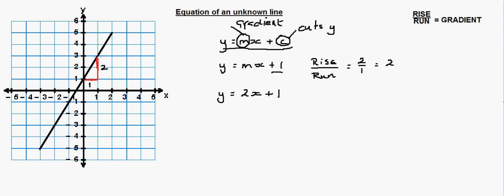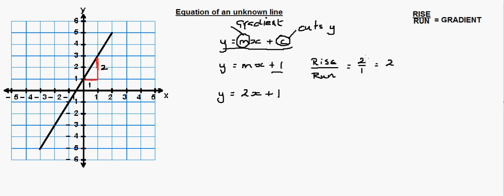This is the line that we've drawn. So remember, rise over run. So I've risen 2 and I've run along the x-axis 1. Here I've done it for you. Here is my rise of 2 and here is my run of 1.